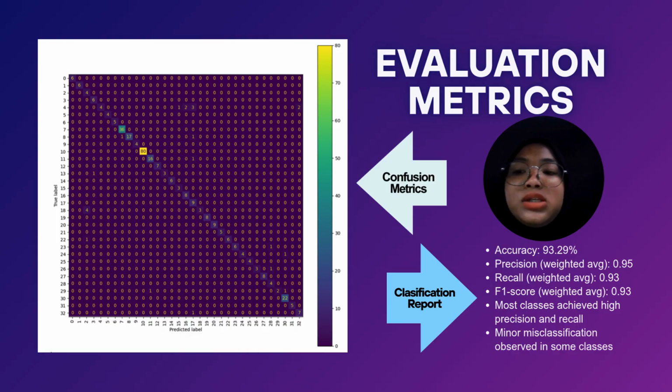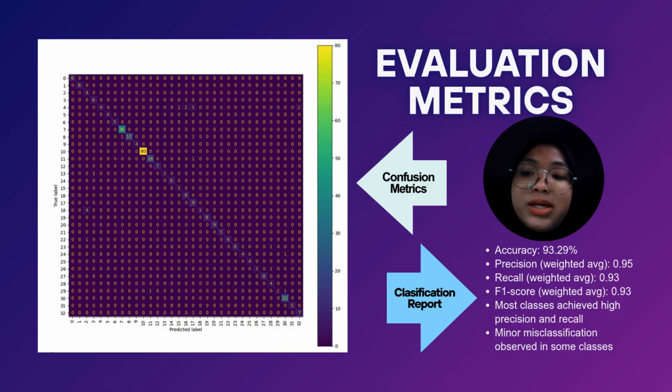The precision value of 0.95 indicates that the model has a low false positive rate, meaning it rarely misclassifies an incorrect identity as correct. The recall value of 0.93 shows that most actual identities are correctly identified by the system. The F1 score of 0.93 demonstrates a balanced performance between precision and recall.